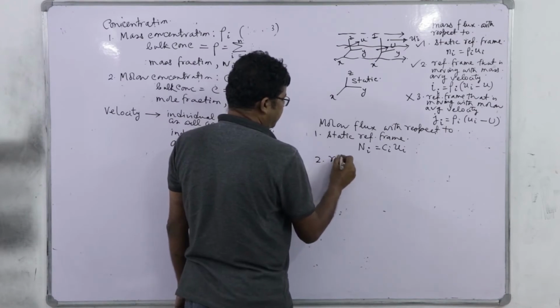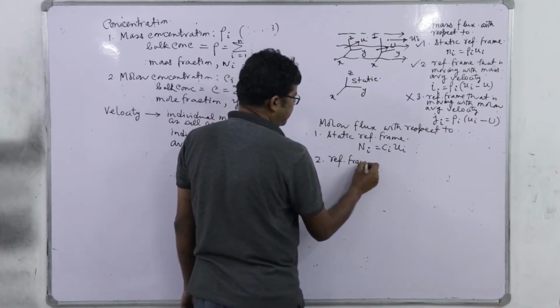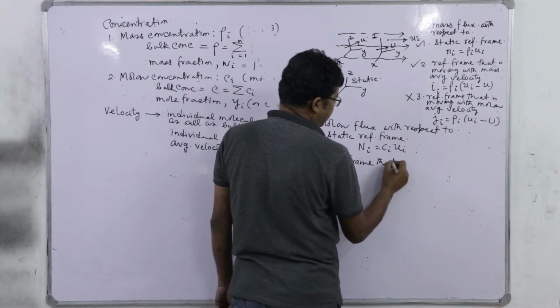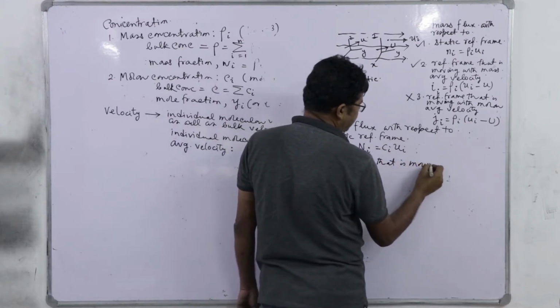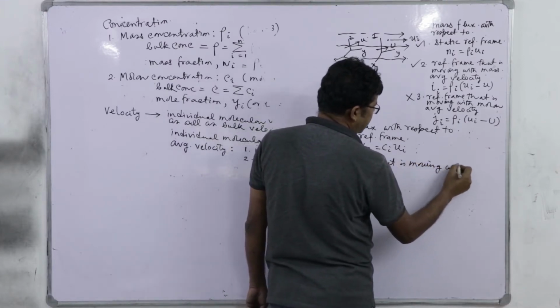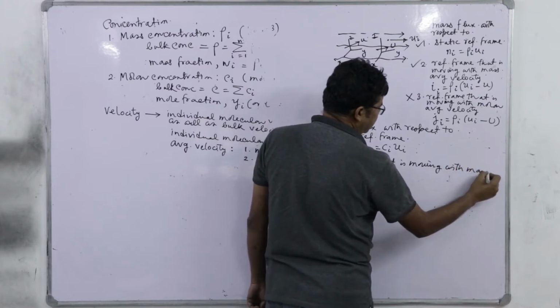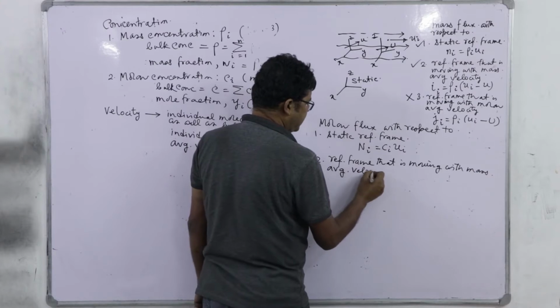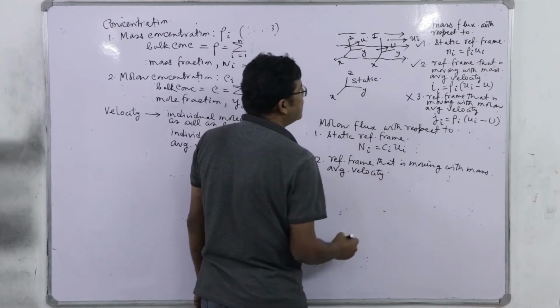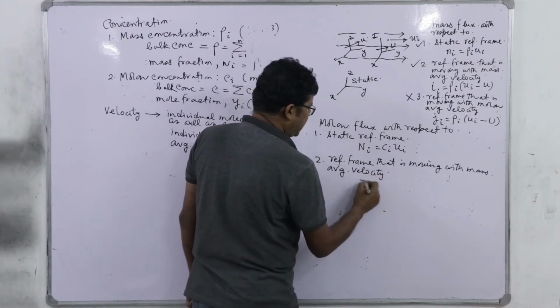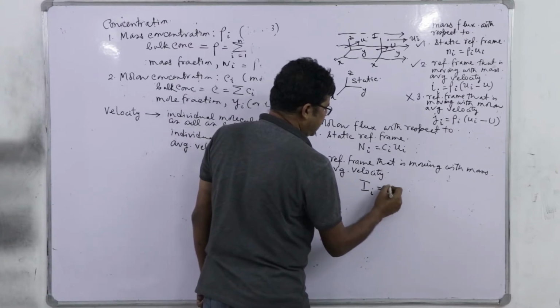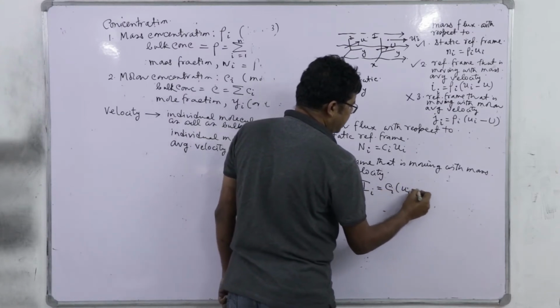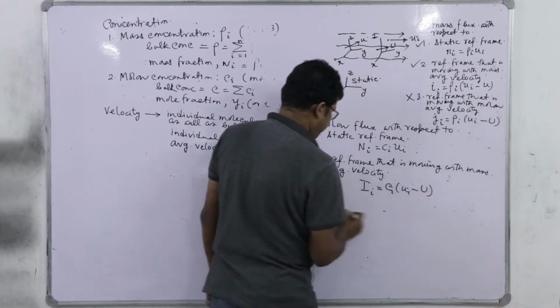With respect to a reference frame that is moving with the mass average velocity, we have capital Ji equal to Ci into ui minus u.